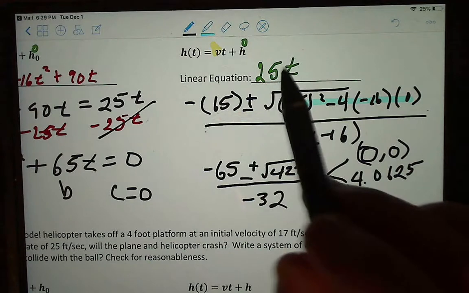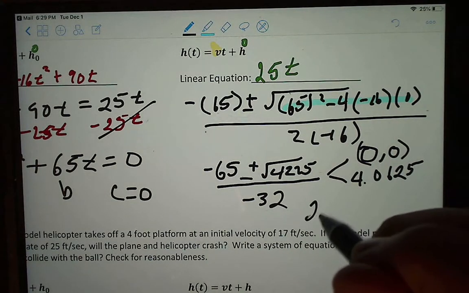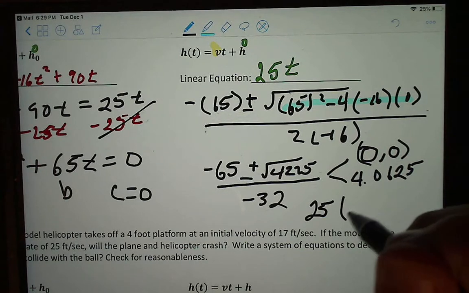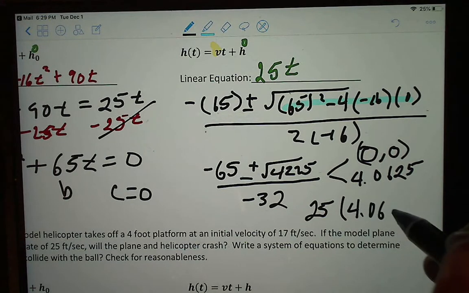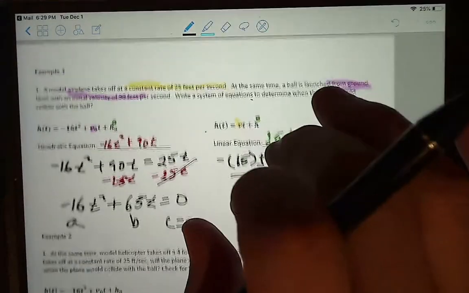So if I take my linear equation again of 25 and I multiply that by the time that I know, then what it tells me is the height at which the plane hits the ball itself.